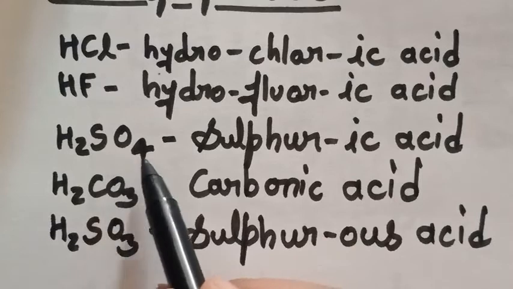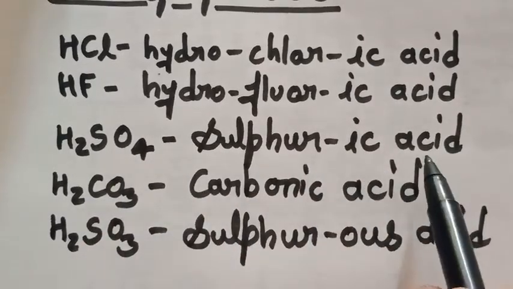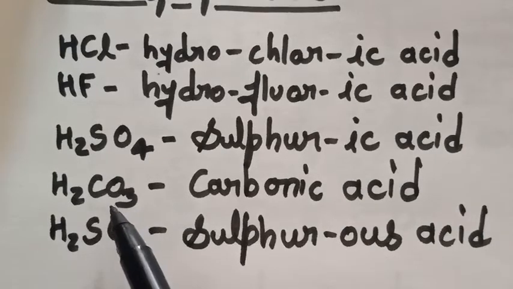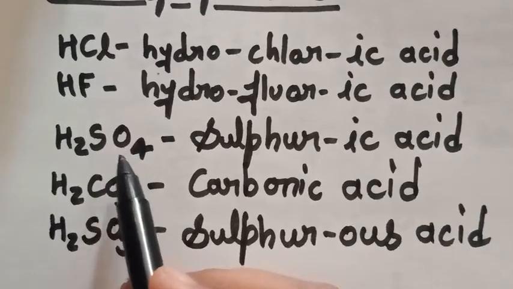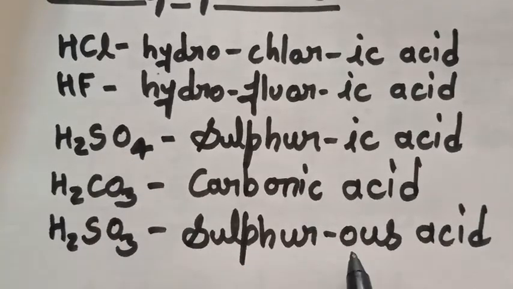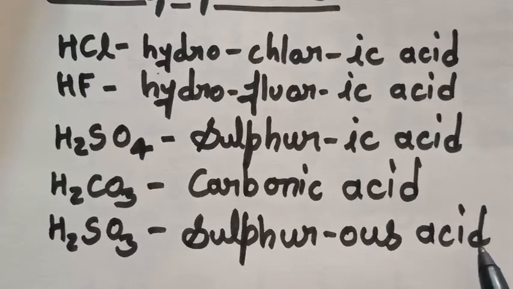This one is a sulfate group, that is why sulfuric acid. This one is a carbonate group, that is why carbonic acid. And this one is again sulfate but with less oxygen compared to this one, that is why we will use the ous suffix. So the name of H2SO3 will become sulfurous acid.